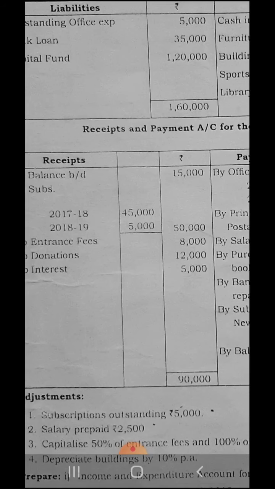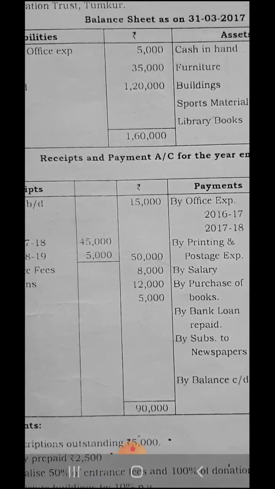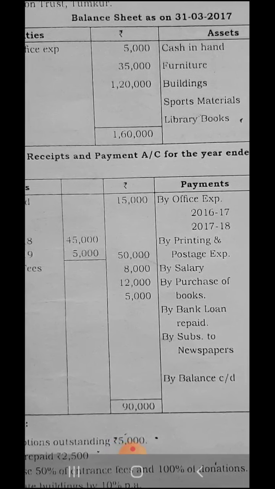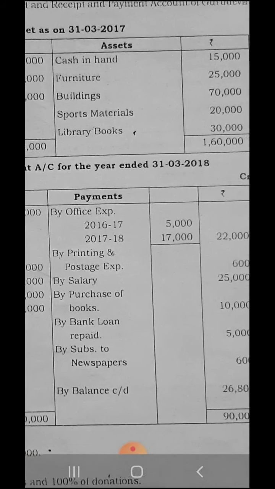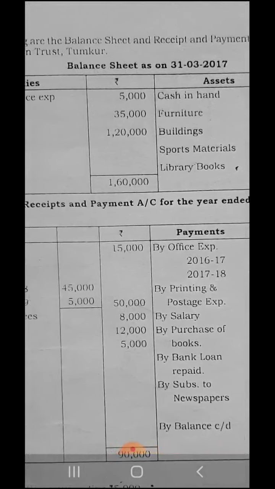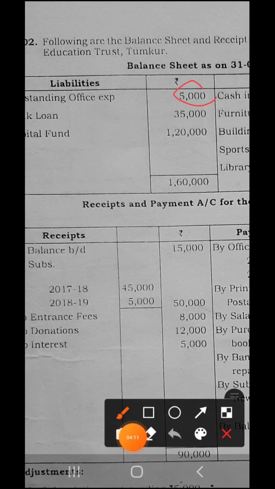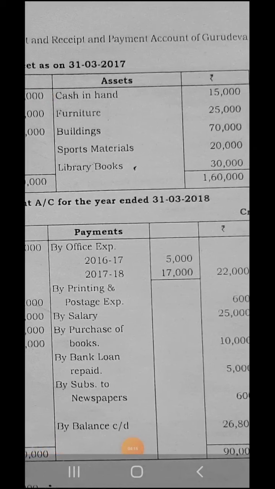They are not mentioned whether specific or general, but we should see what is given in the adjustments. Then interest received, it is on the receipt side, means received only 5,000. Then come to the payment side, office expenses. See, 2016-17 5,000. Office expenses of last year, 5,000, I have shown here, no? The same 5,000 is here.